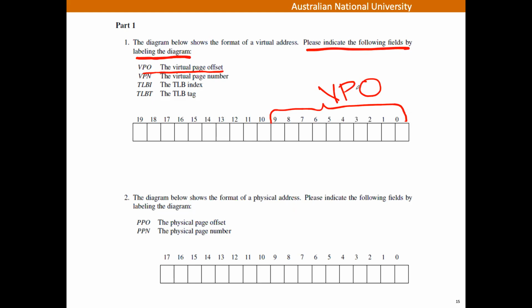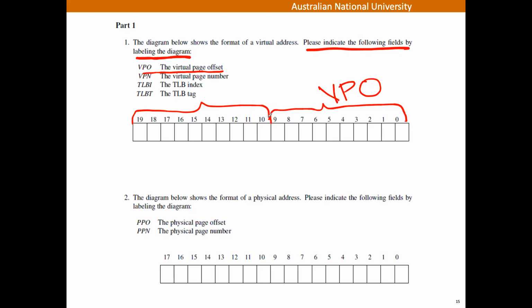So how big is the virtual page number? Okay, so we leave the virtual page offset alone when we are indexing the TLB. The TLB is just like a cache because the virtual page offset is the same for all the virtual pages.